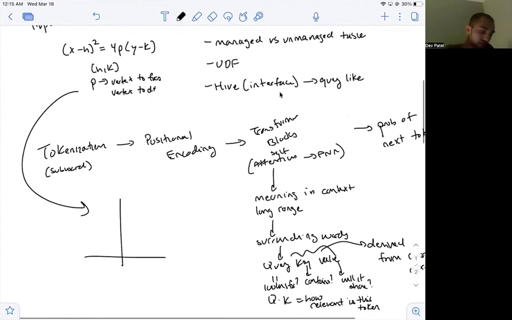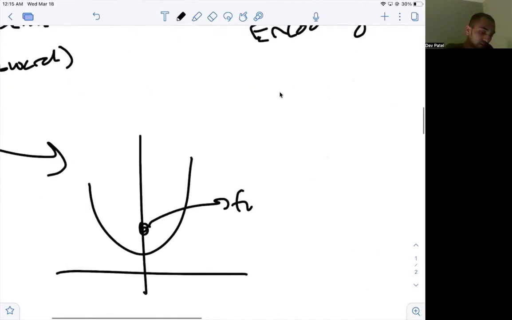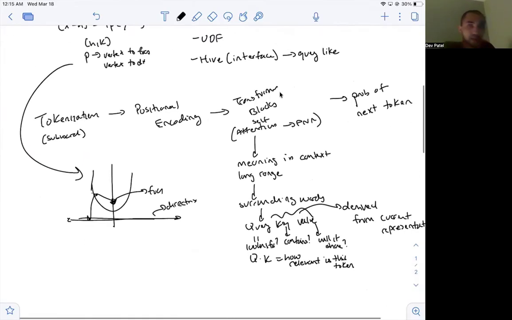This might be the focus, and this might be the directrix, the line of directrix. The parabola is such that all points are equidistant from the directrix and the focus.